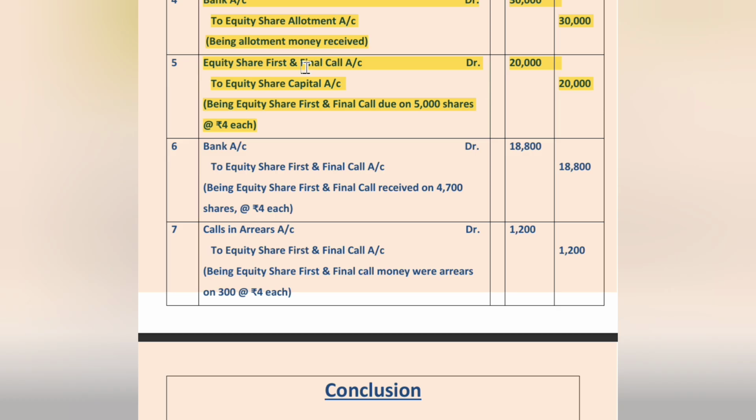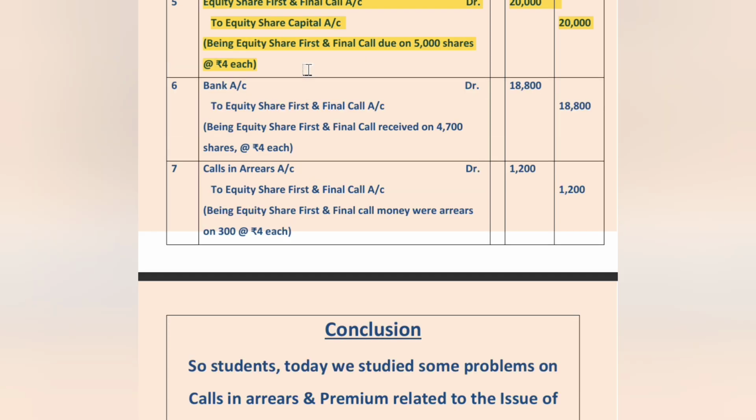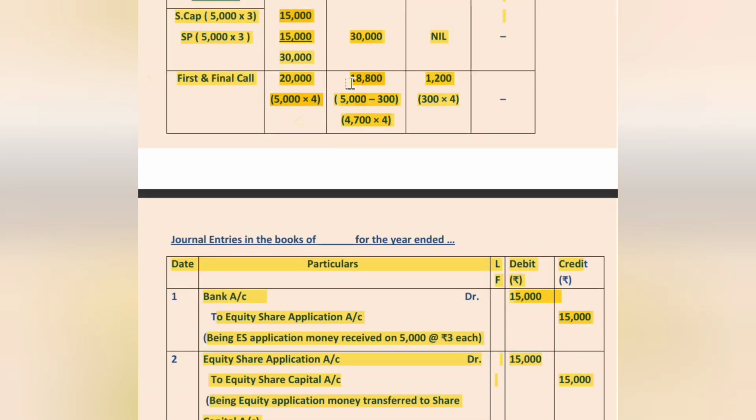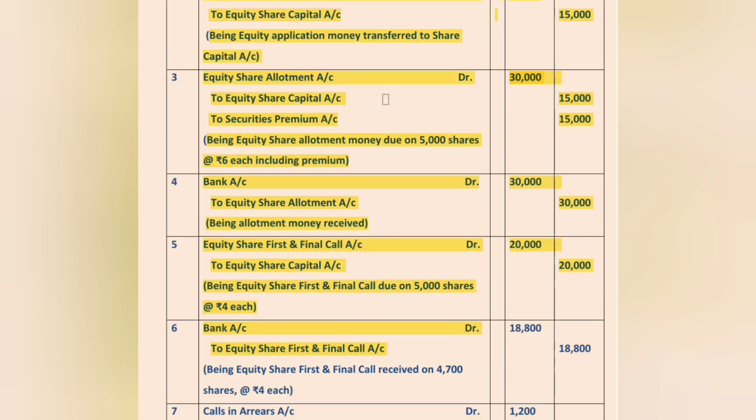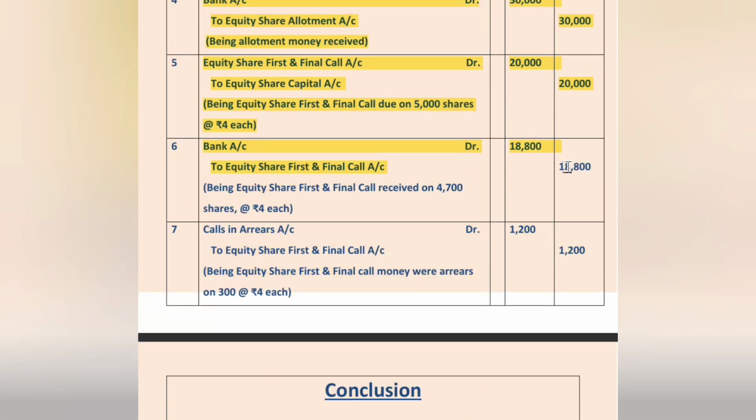Now, after it is due, next receiving, right? If they pay the amount, who receives it? Bank. Bank account debit to equity share first and final call account. How much received now? There are arrears now, so only the remaining amount, 18,800, 18,800 received.